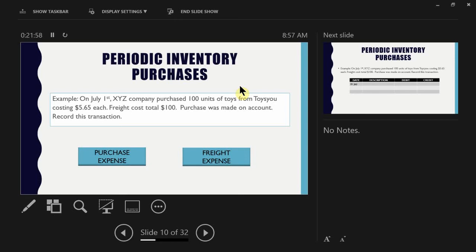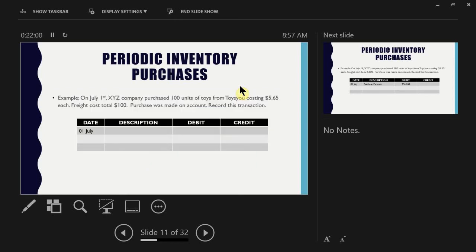So here's my journal. Now I need to recognize what account I'm going to have. If we know that we have a purchase expense, and I bought 100 toys costing me $5.65, how much is my total purchase expense going to be? $565.